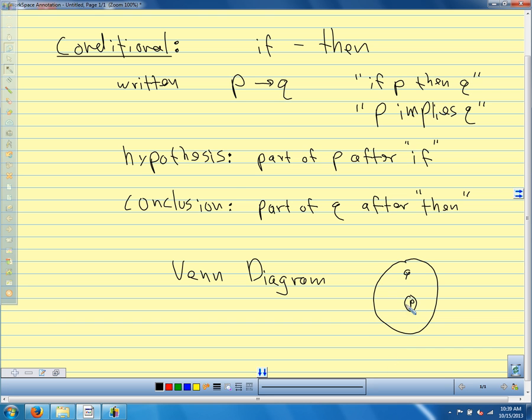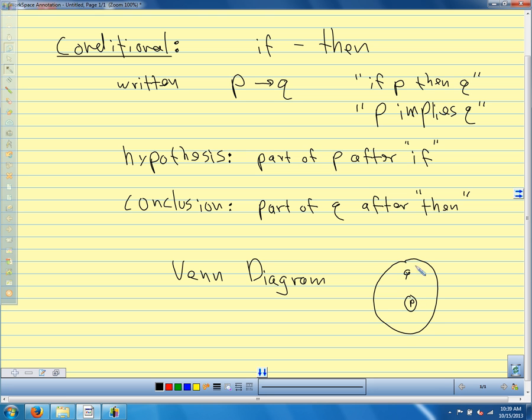What this is saying is that if we know that P is true, if we have P, it's inside of Q. It's also part of Q. So if P were, my car is a Camaro, we could say then your car is a Chevrolet.